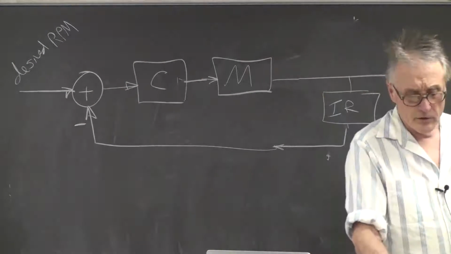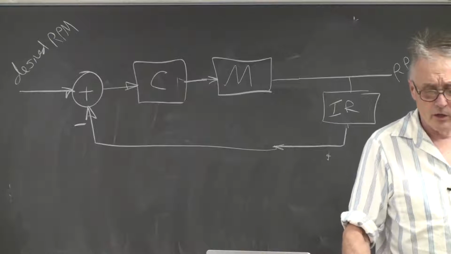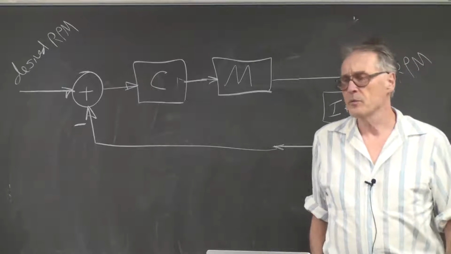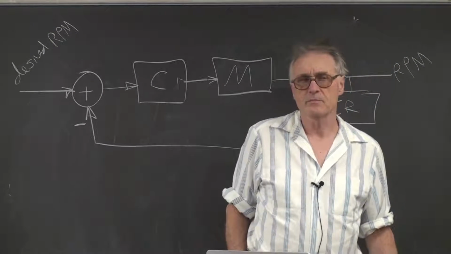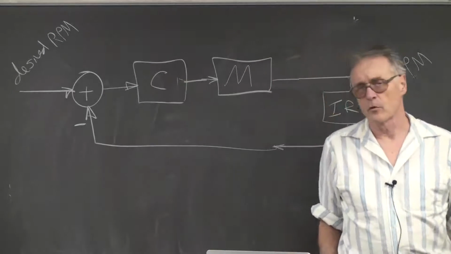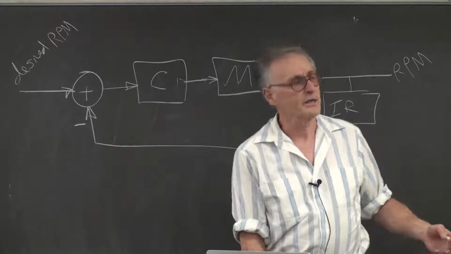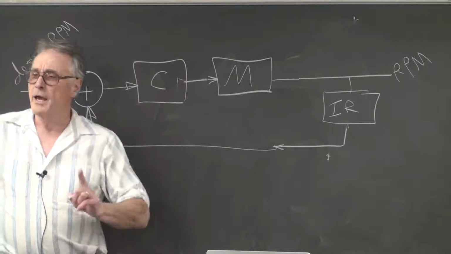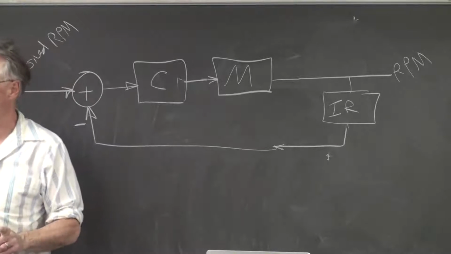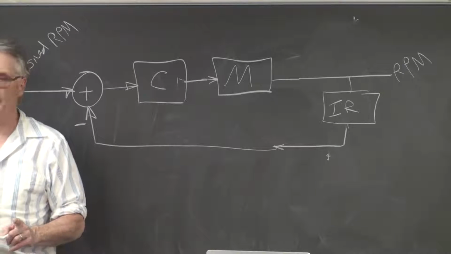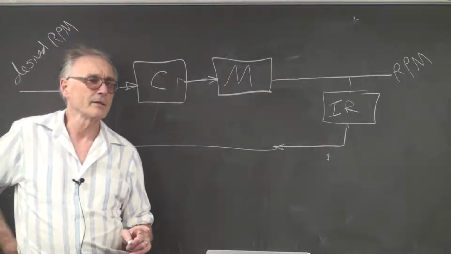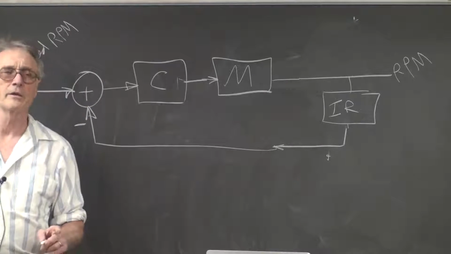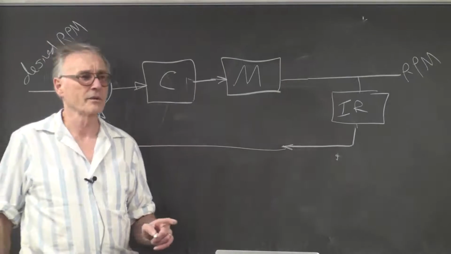And it would be a really good idea to know how the motor responds to different frequencies before we try and build the controller. Because what we're going to find is that this control function has to be more than just a gain. It's going to have to take a derivative and perhaps an integral to get the error down to the point where you can pass the requirements of the lab.